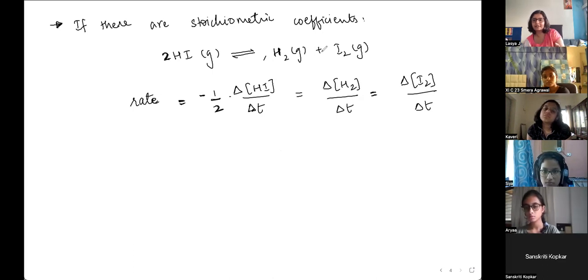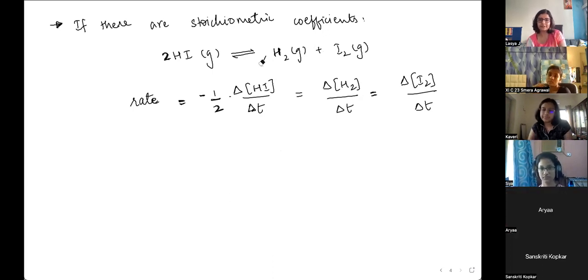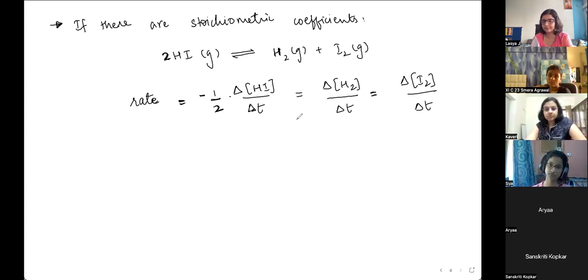So it will become redundant if you add both of them. Every time you have a rate equation expression, you take any one of them at a time.